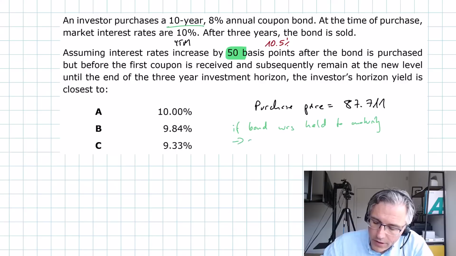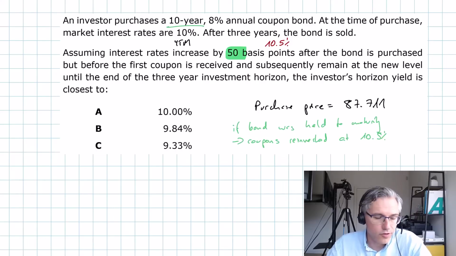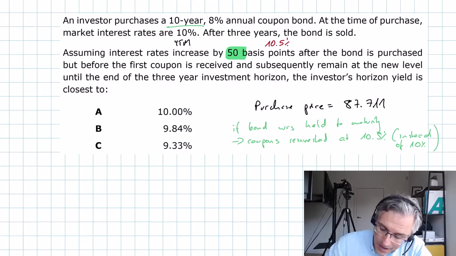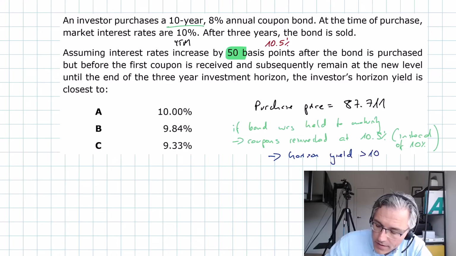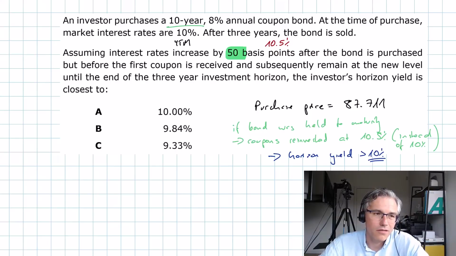The only thing that would happen would be that the coupons would be reinvested at the higher 10.5%, so higher than the original YTM, instead of the original 10%, and you would see that your horizon yield would be greater than 10%. You would actually realize something better than 10%.